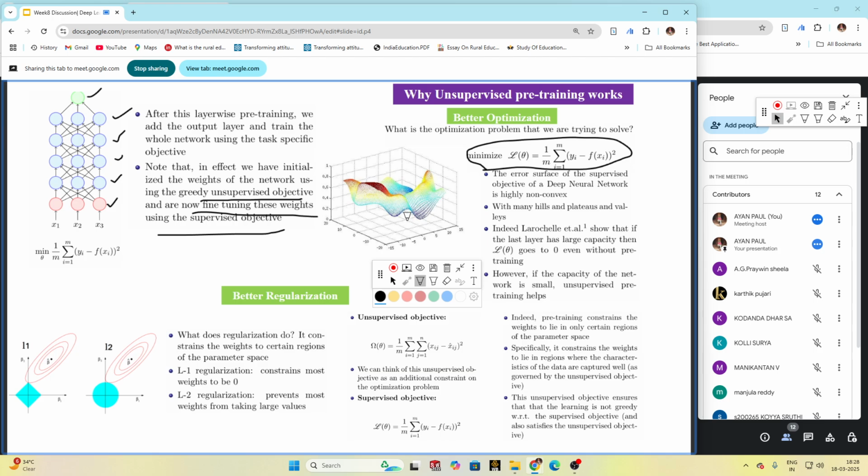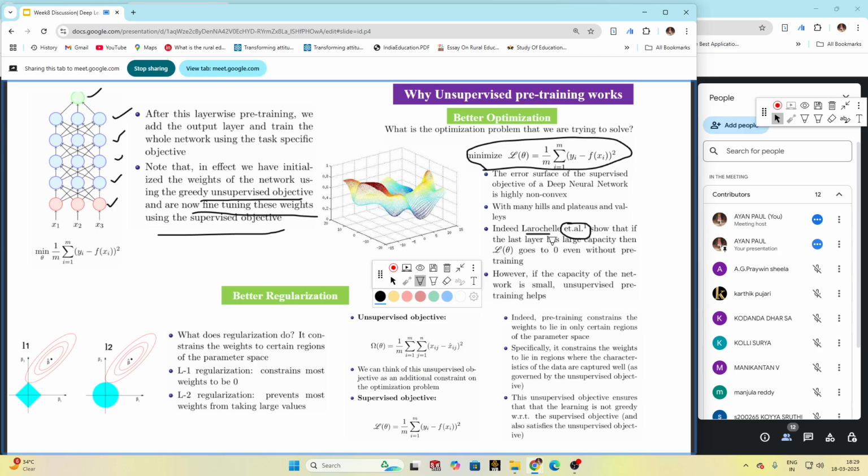But now, as we are doing unsupervised pre-training, we are reaching the lowest point of loss. So that is better optimization. There was also a study by Larochelle et al. "Et al" is a term we use in research: if there are many authors in a paper, we take the name of the first author and add et al, meaning "and others".